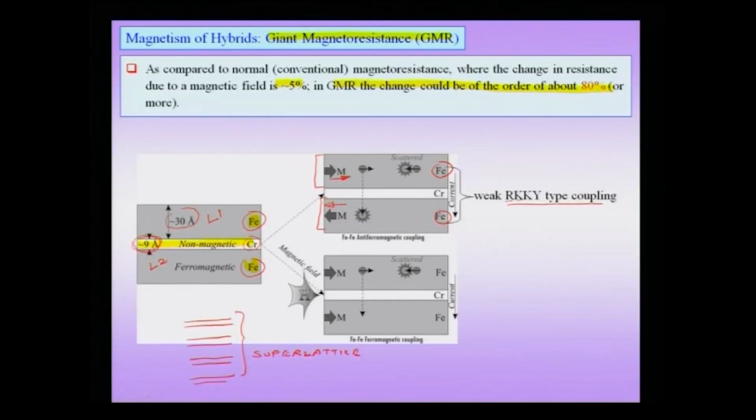Now, what happens when you are passing a current? When you pass a current through a ferromagnetic material, the current becomes spin polarized.